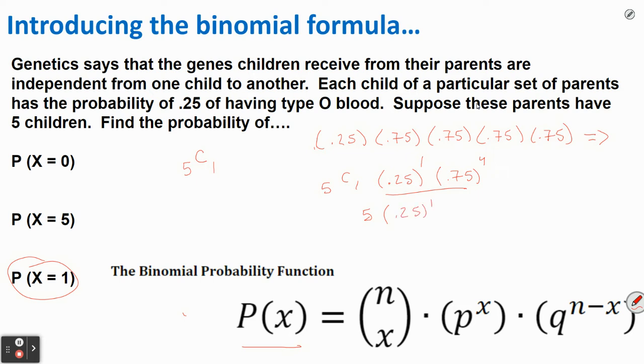So basically, with all that we would have added together before, if we would just type in this line right here, it would give us that answer. So 5 choose 1 times 0.25 to the power of 1, 0.75 to the power of 4, we get a probability of 39.55%.